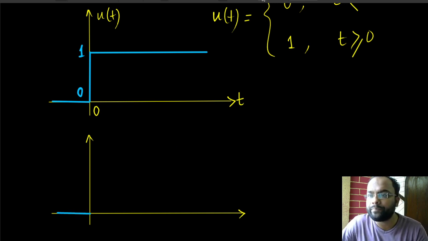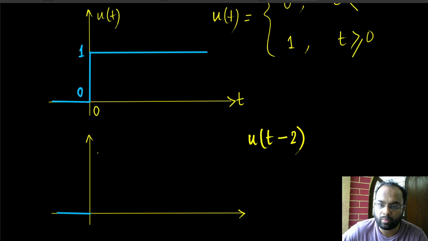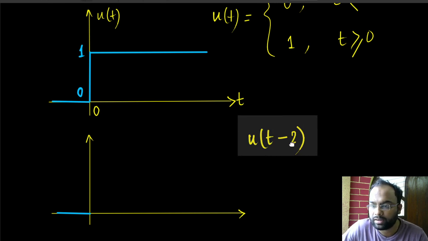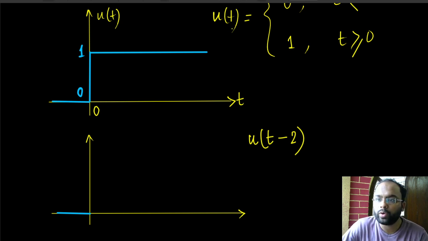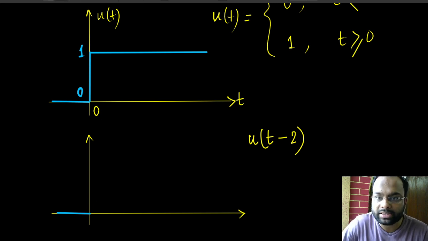So now the question is this. I already know what u(t) is, right? What if I want to see what u(t minus 2) is? That's quite simple. I think all of you know that u(t minus 2) is a delayed version of u(t), and delayed means it's a right-shifted version of u(t), which got right-shifted by 2 seconds. So this signal simply looks like this.